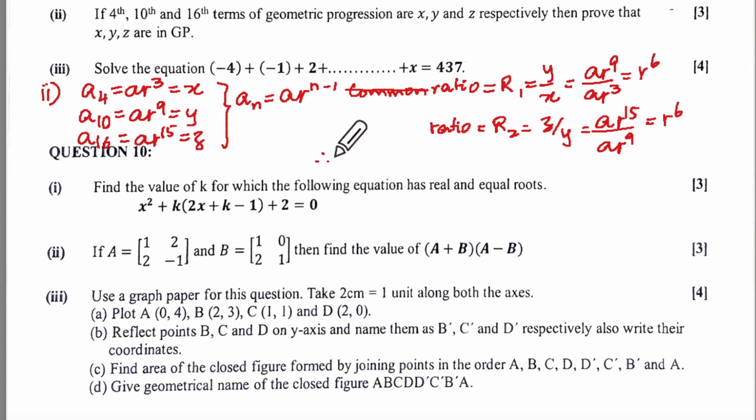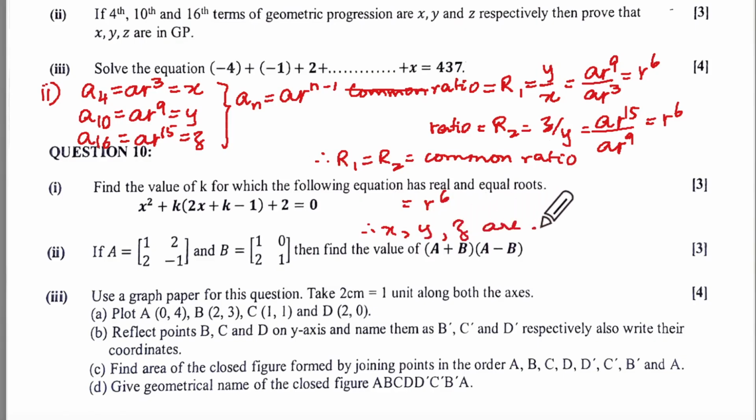Then you'll say since R1 equal to R2 equal to common ratio equal to R to the power 6, therefore x, y, z are in GP.